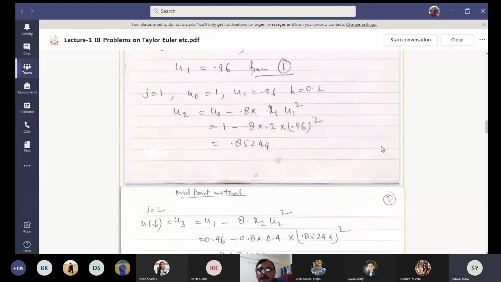I forgot, it is 0.85254 using 0.96 as u1. Just verify this, check here also. Maybe there might be some mistake. Up to 3 decimal places it is correct. After that it is 5-4.